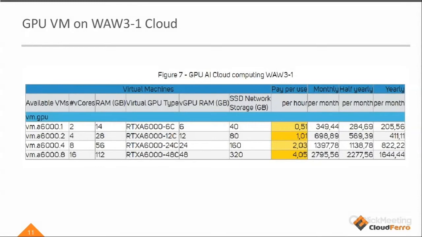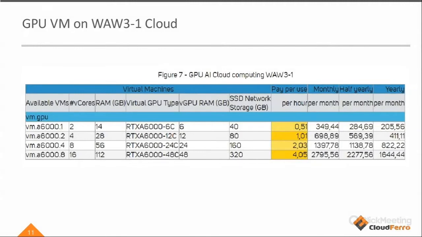So this is very small, but the VM is relatively cheap for the computing power it gives you. So it is for testing or for running the models. But if you want to use the full power of the card, you can get the bigger VM. The .8 VM here has the whole card just for the VM.